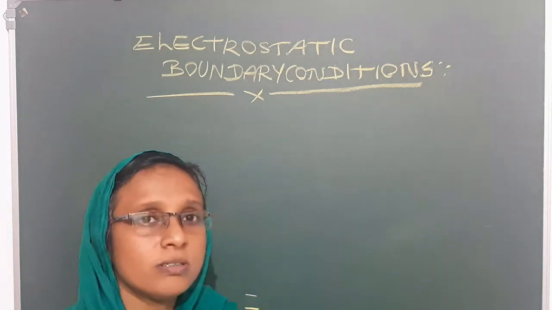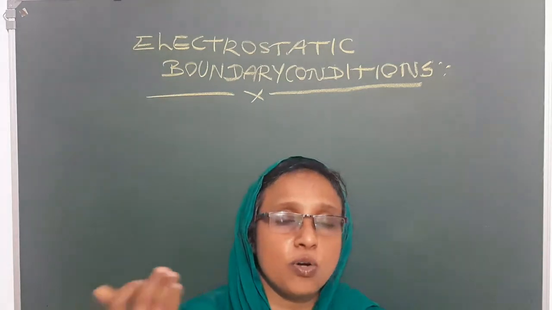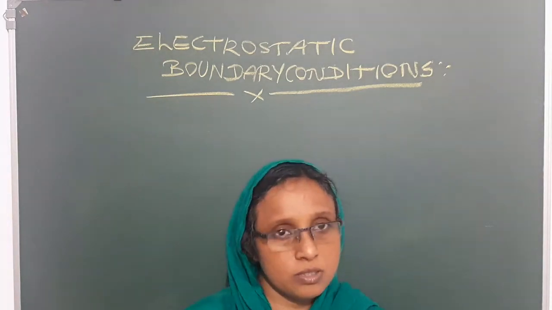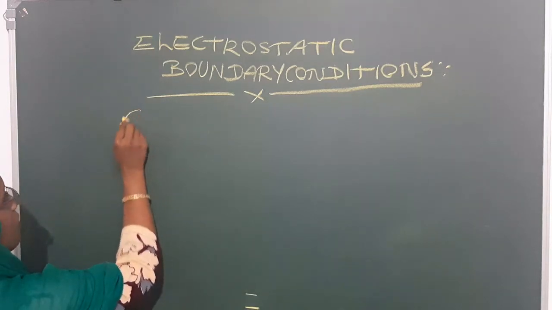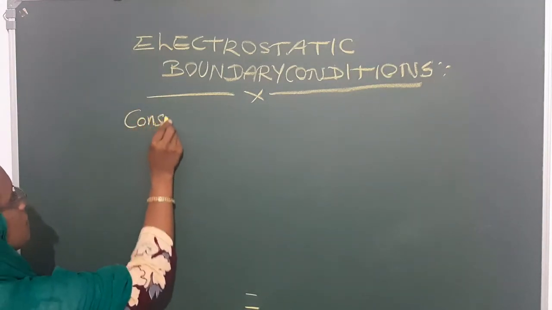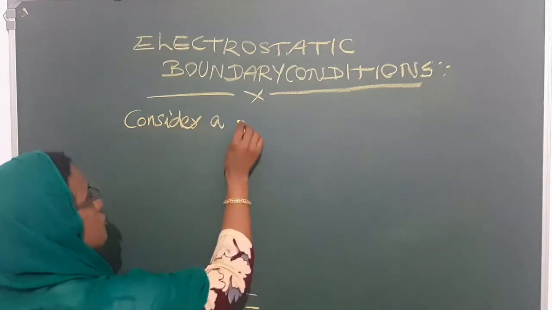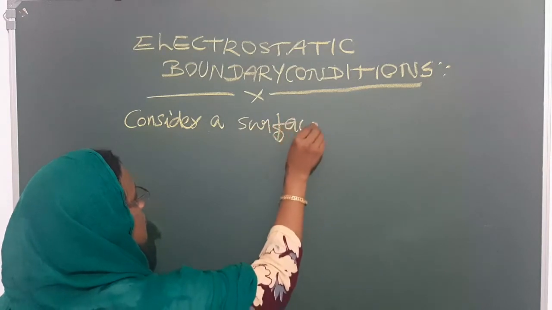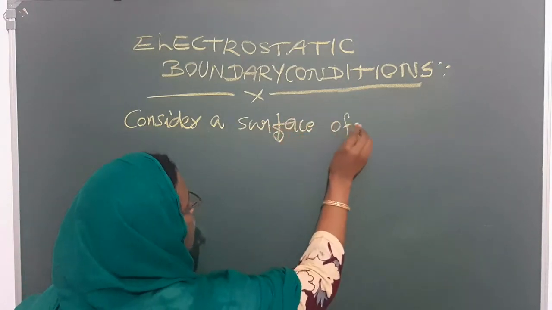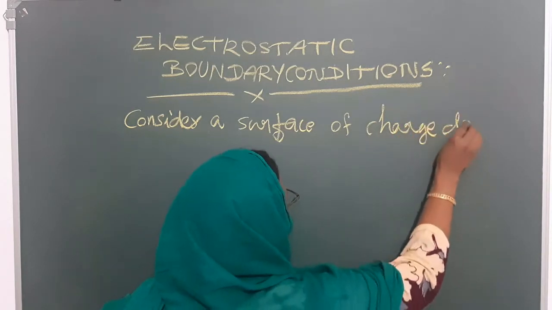So first of all, we consider a thin sheet of charge distribution. Consider a surface of charge density sigma.